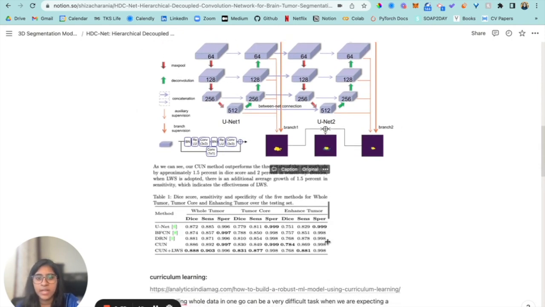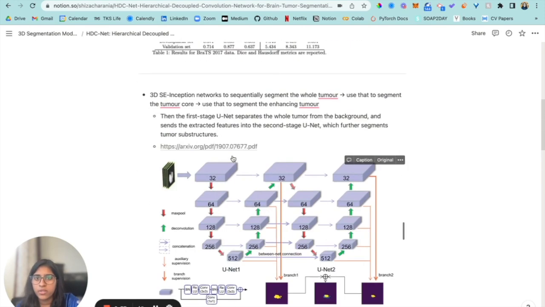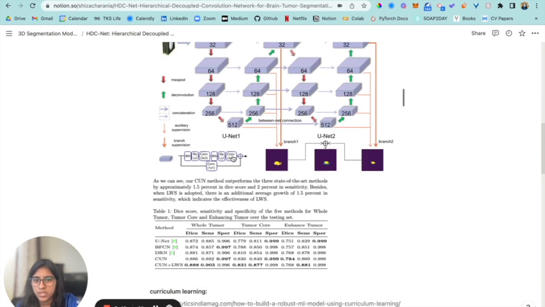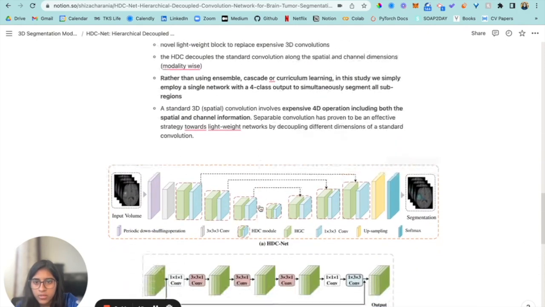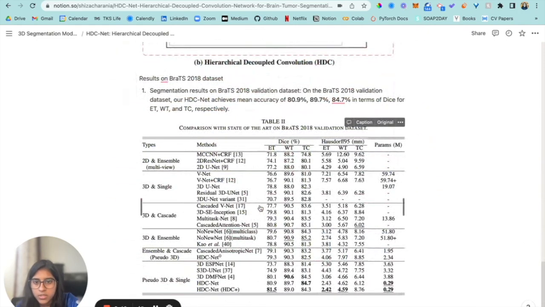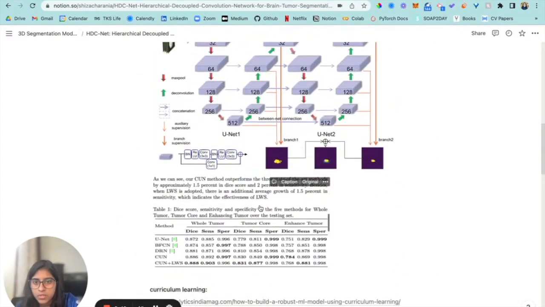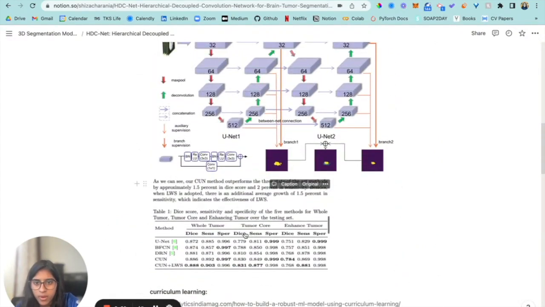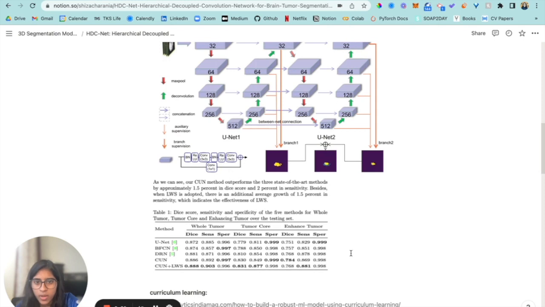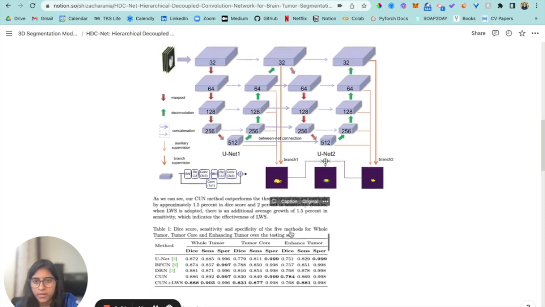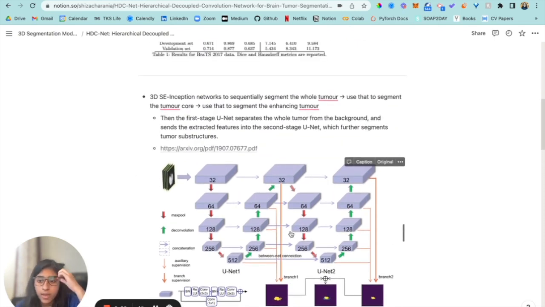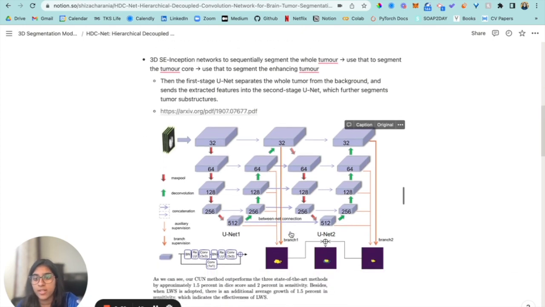In terms of the Dice and the Hausdorff and other things that they found here, this is called the inception. It talked about, one second. Okay. I don't think this is the right one, but honestly, I didn't really care about the accuracies at that point.